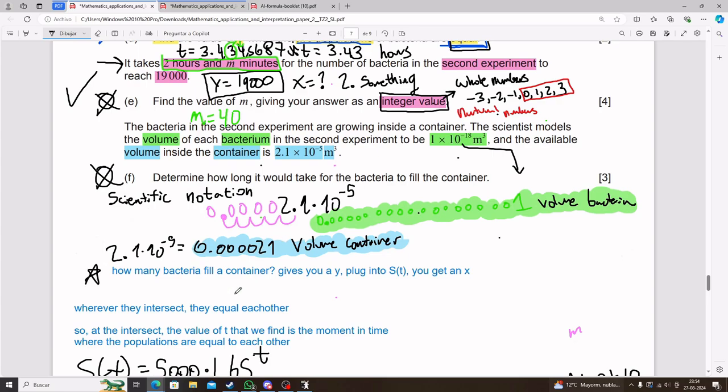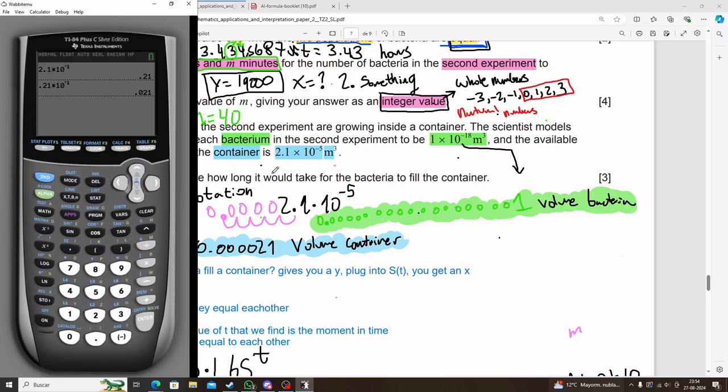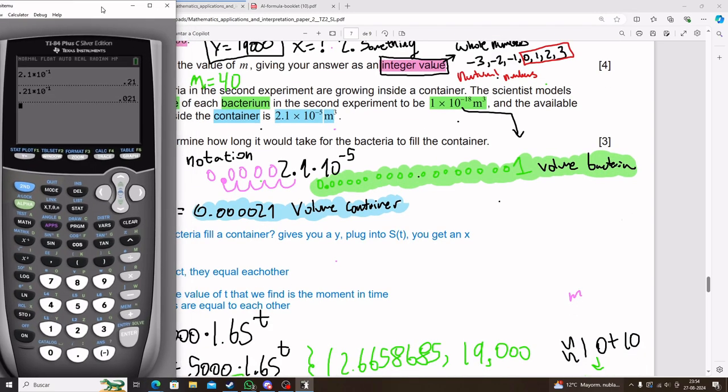Okay? So how many bacteria fill a container? Well, clearly, all I have to do is take the volume of the container and divide it by the bacteria. And that will give me the amount of bacteria that fill in the container. Now, I could take my calculator and plug in some very long numbers.